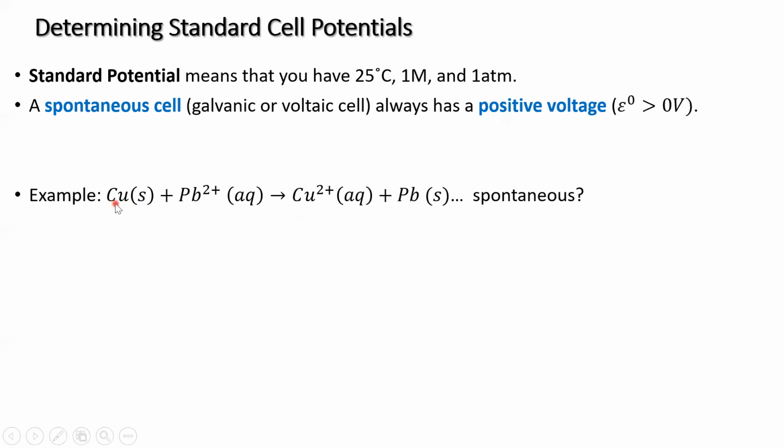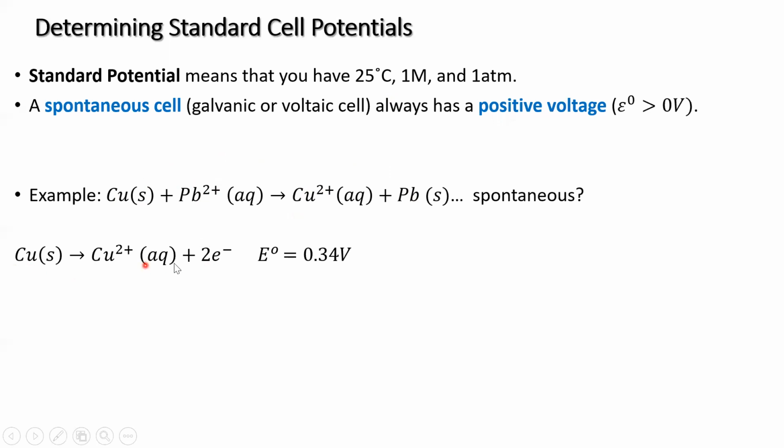Let's say that we have copper atoms reacting with lead ions to form copper ions and lead atoms. Well, the copper is going from copper atoms to copper ions. It's being oxidized.